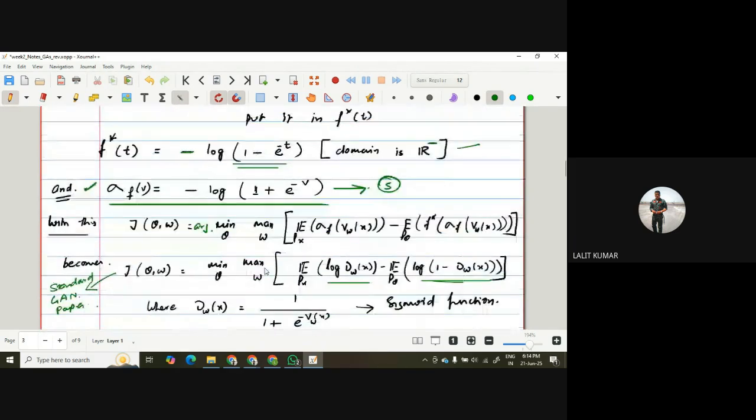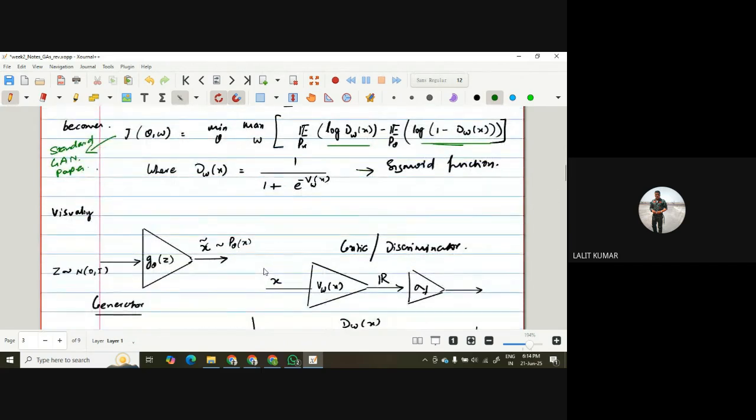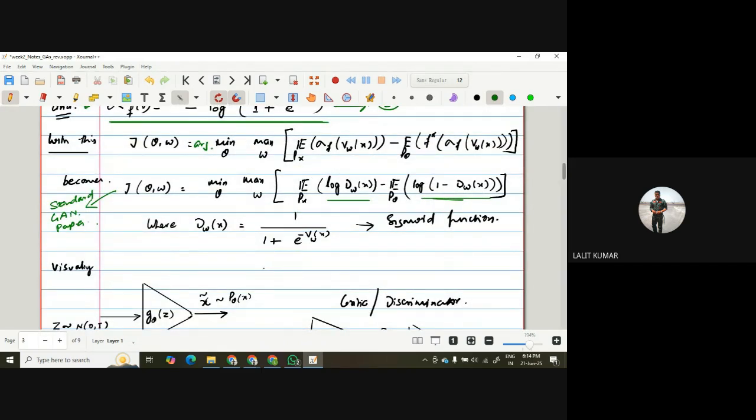So this is the standard GAN equation, where D_w(x) is equal to 1 over (1 plus e to the power minus V_w(x)). V_w(x) is a neural network, and this is a sigmoid function, which we know gives values between 0 and 1, including 0.